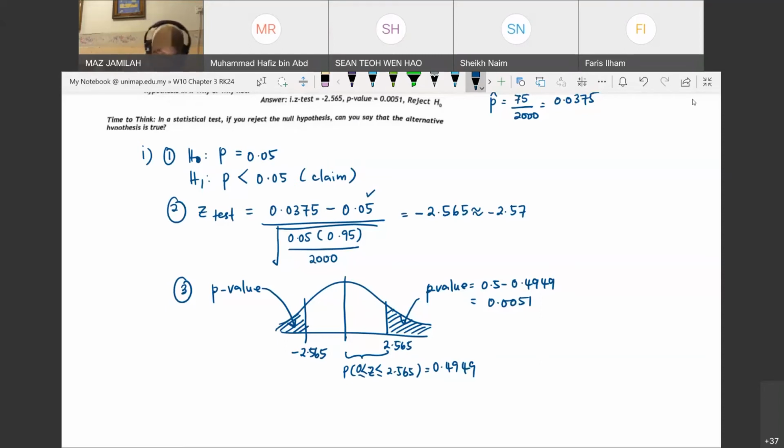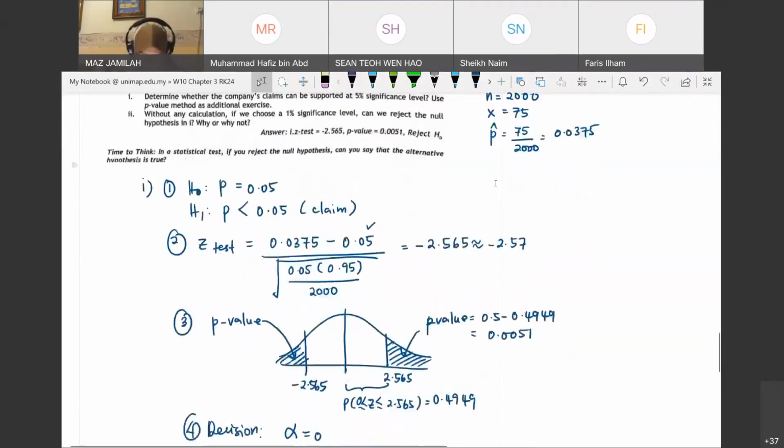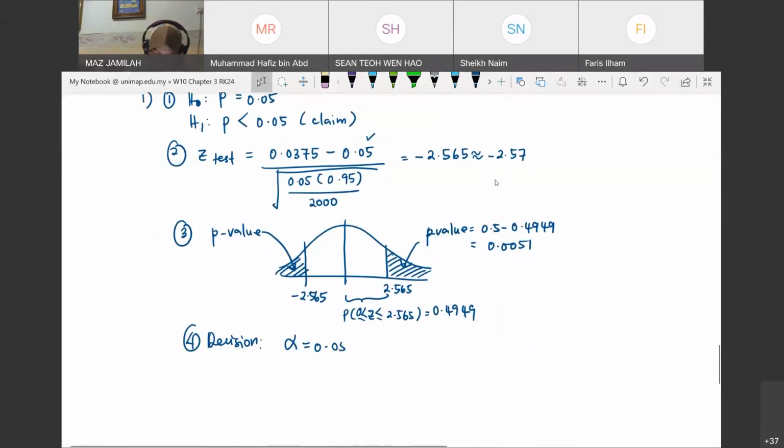And your alpha is 0.05. It seems that alpha is larger than the p-value.